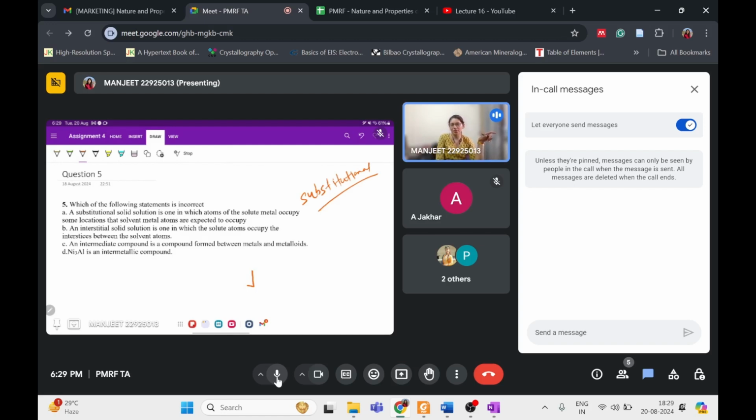He can't change the pointer size now, so you have to be careful while watching the video about where he is pointing.